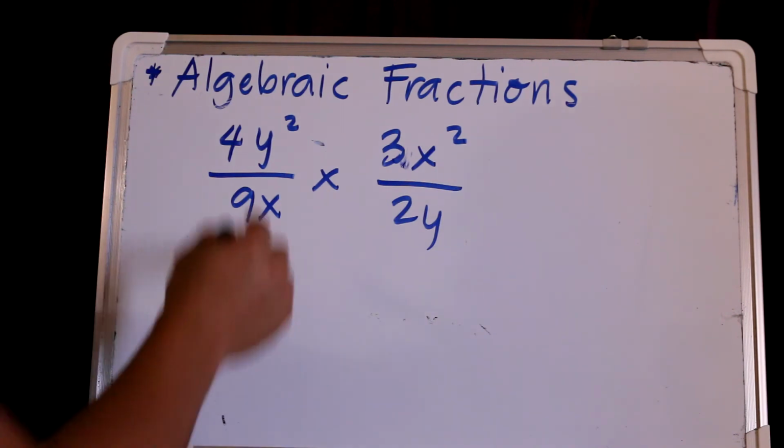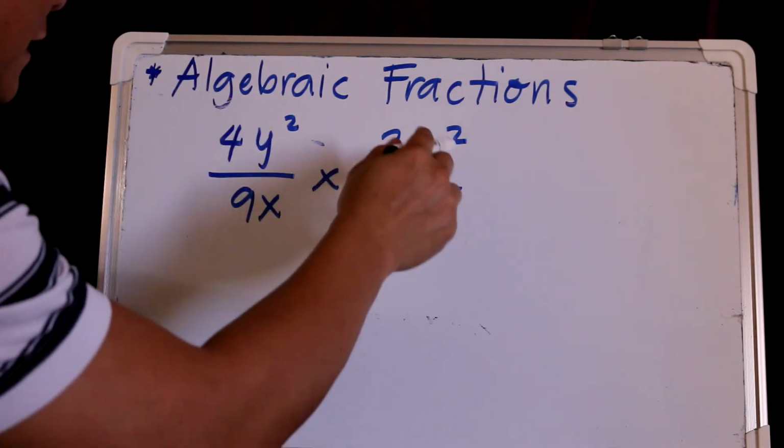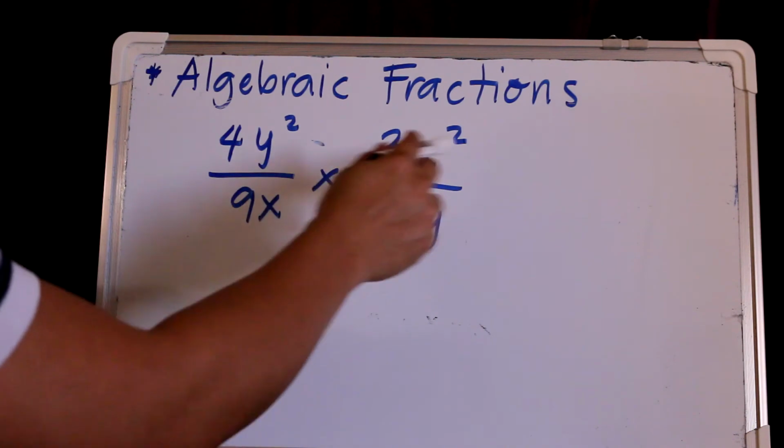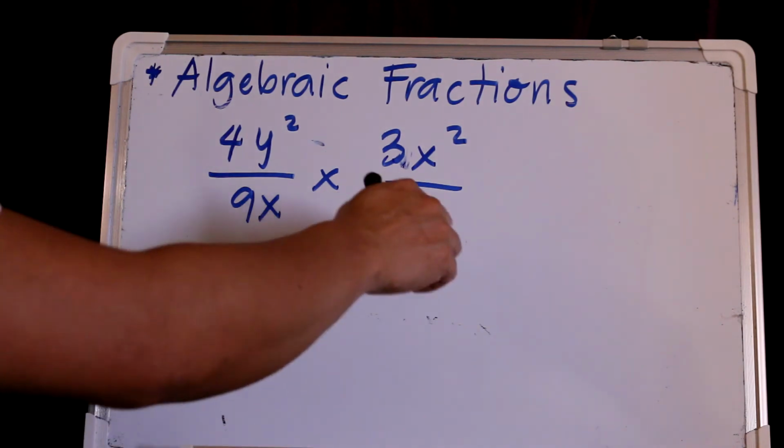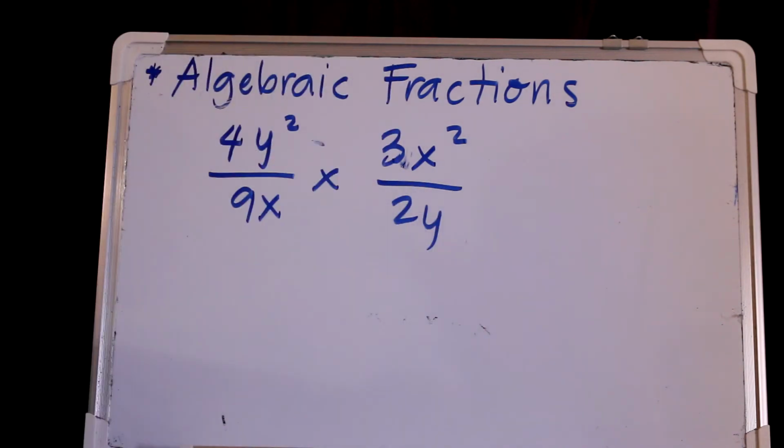It's actually in a crisscross manner, so we can cancel by doing the cross manipulation.